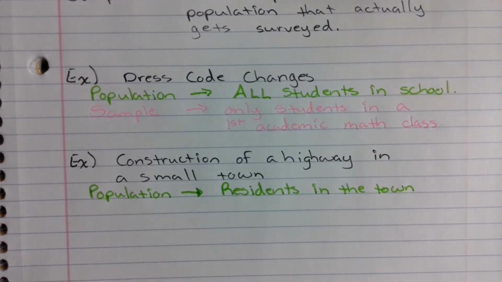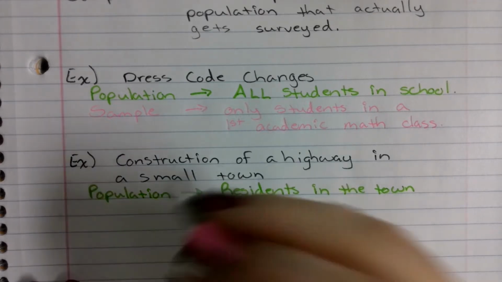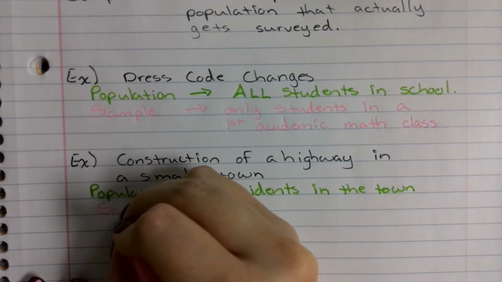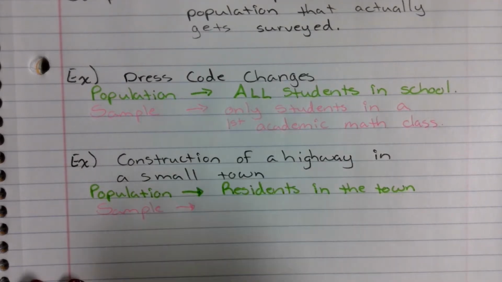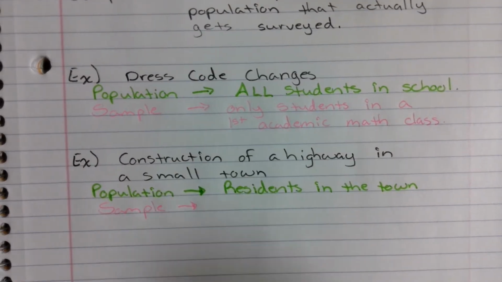Now, again, maybe it might be a small town, but you still aren't going to sit there and survey every single person about their thoughts. So you would just choose a sample of it. And your sample could be anywhere. Maybe you might go to people in the grocery store.